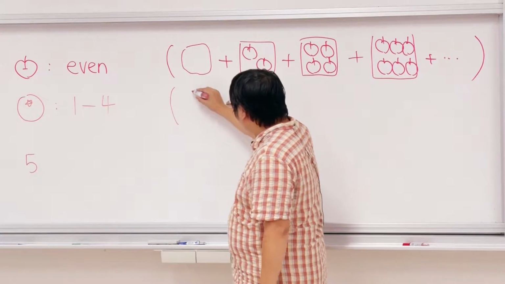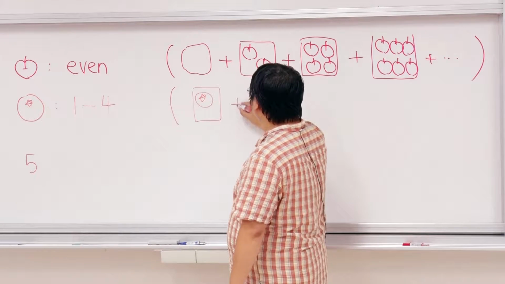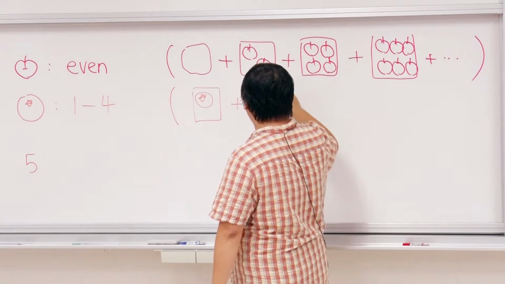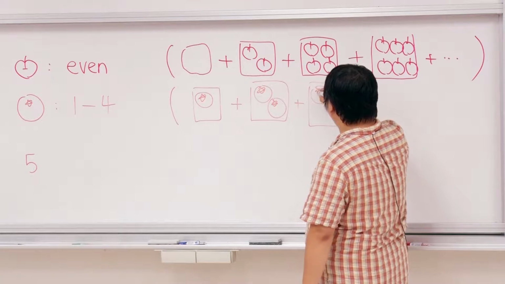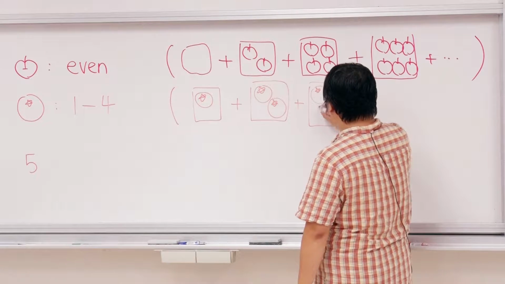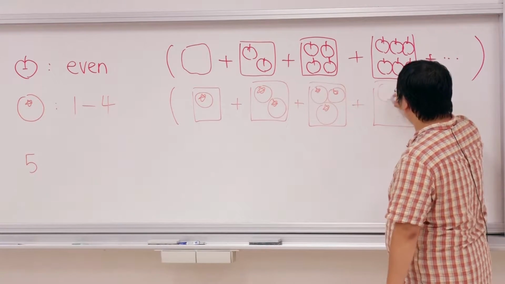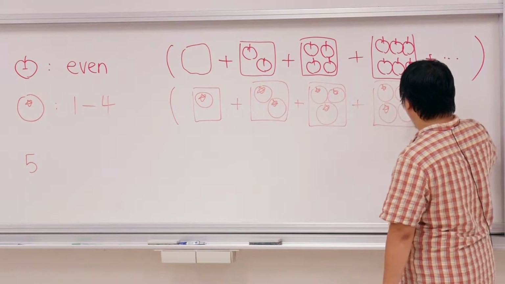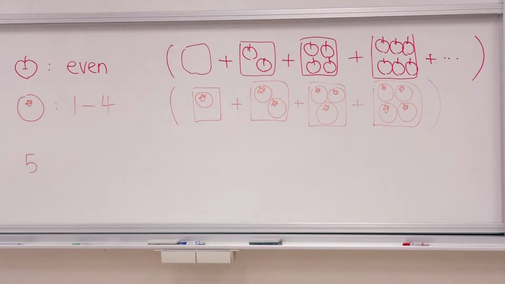We can buy 1 orange, or 2 oranges, or 3 oranges, or 4 oranges. And that's it, we don't have any more options.